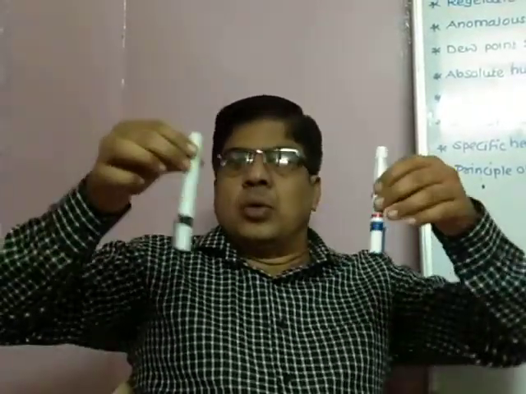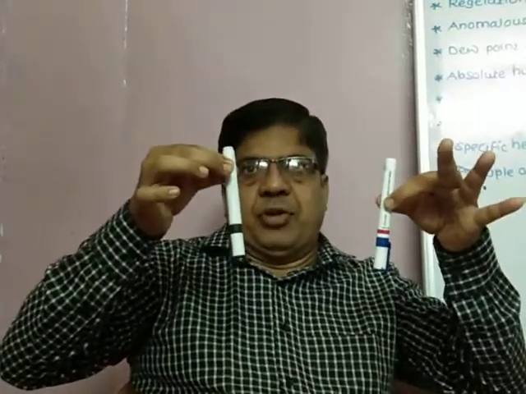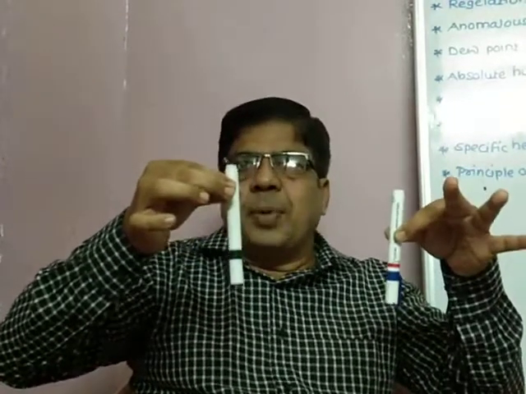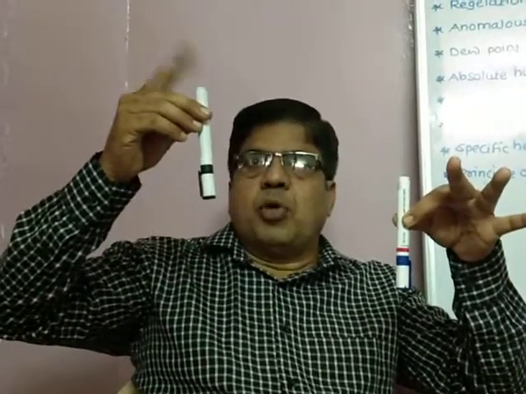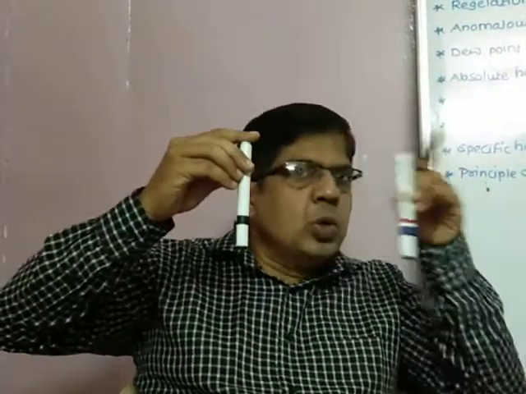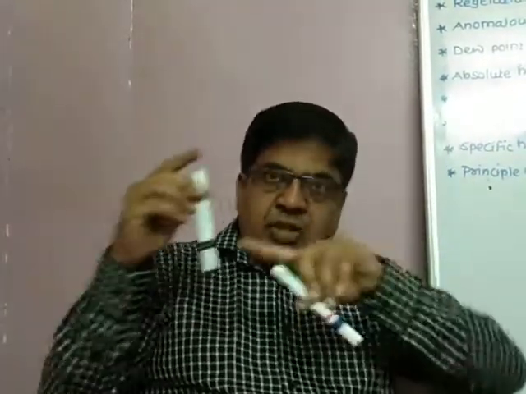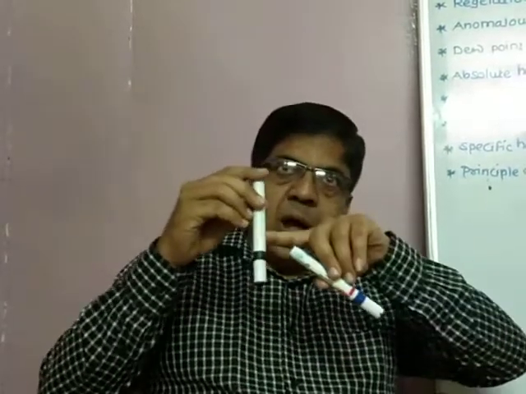When two bodies at different temperatures come in contact, heat is transferred from the body at higher temperature to the body at lower temperature. That transfer from higher to lower is called heat.